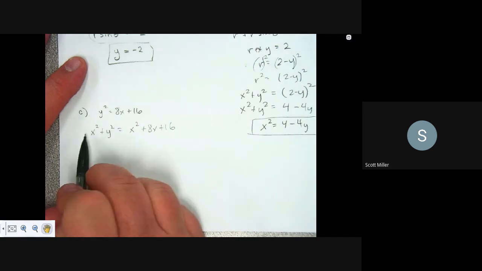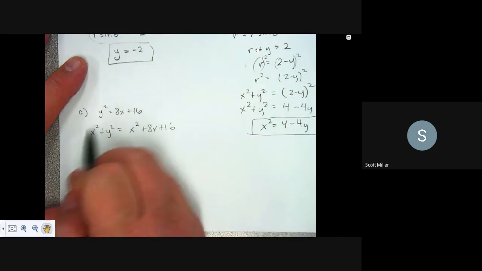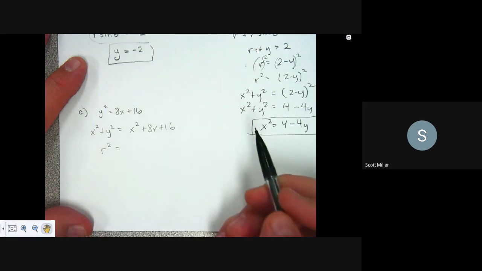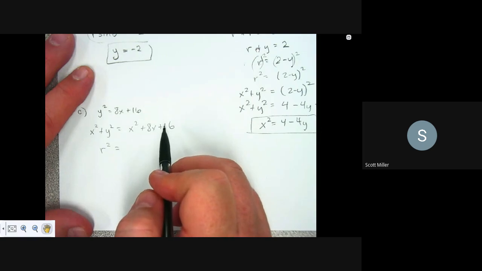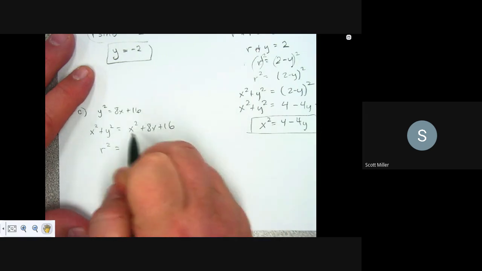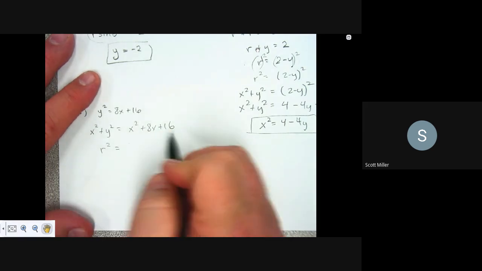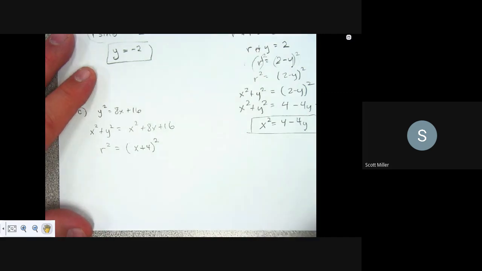I added x squared to both sides. This makes it into a quadratic over here, makes it look nice. And that right there is simply going to be r squared. This side over here, we're going to factor to see what it comes up to. A lot of times this is a perfect square trinomial, which means it's going to factor into the same thing twice. And in fact, this does. This factors into (x plus 4) squared.